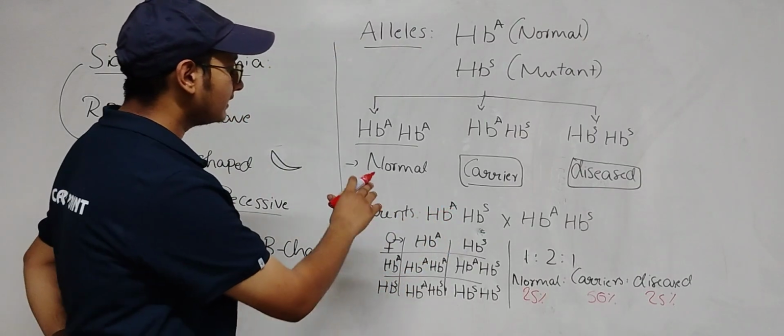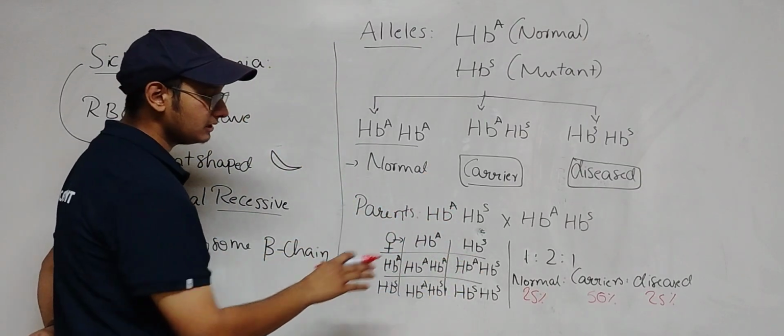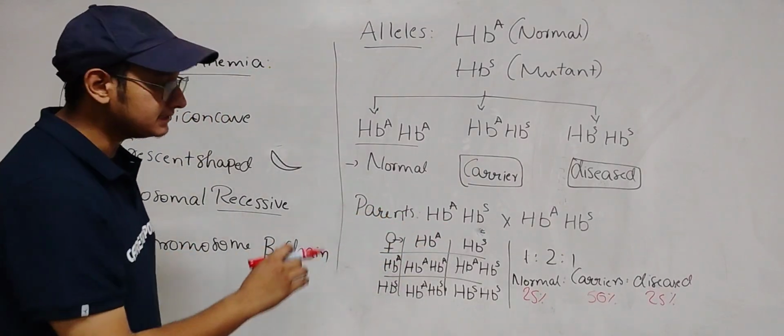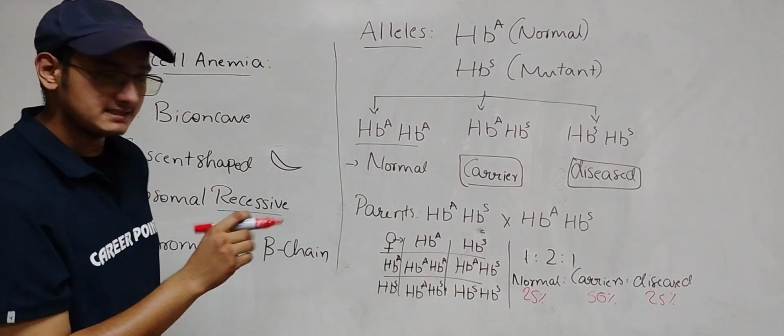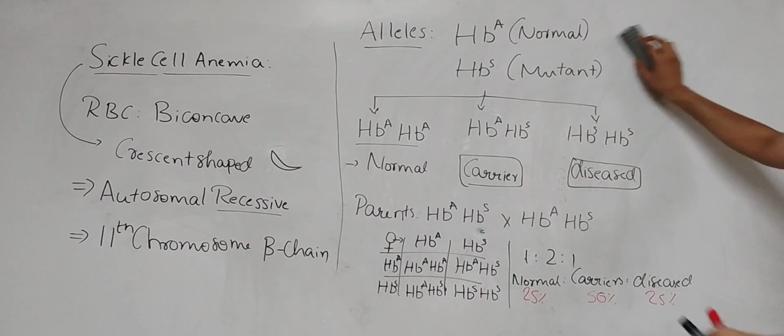So when we take parents as carriers, we'll get 25% as normal, 50% as carriers, and 25% as diseased. Let's see what happens in a gene.